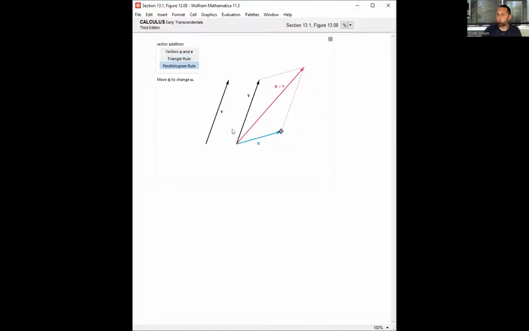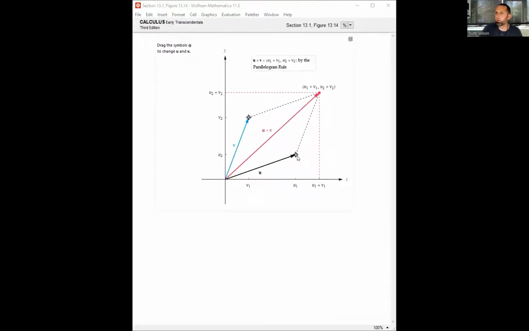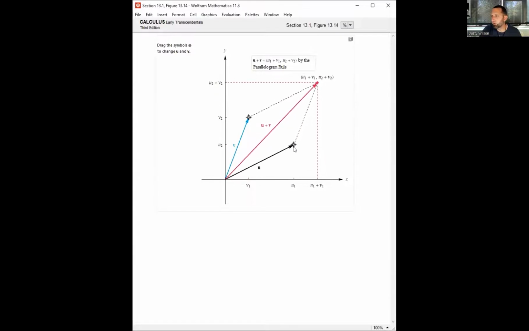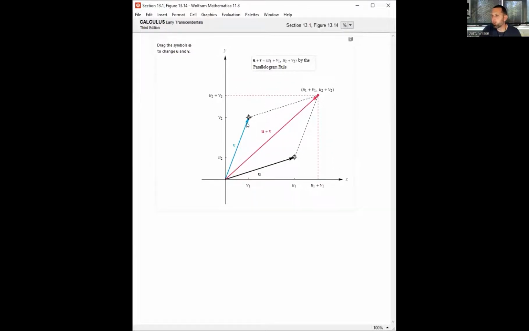The parallelogram rule does the same thing, but notice now u and v are going to start in the same place, and then you tack on an extra v at the end of u, and an extra u at the end of v, and the u plus v is the diagonal of the parallelogram, if you will. Again, here we're focusing in on the parallelogram rule. Notice you can change your u vector and your v vector.